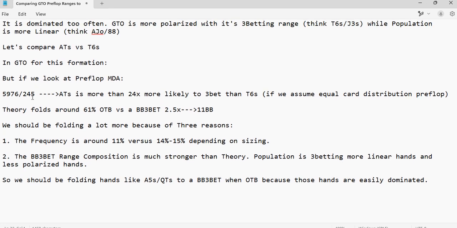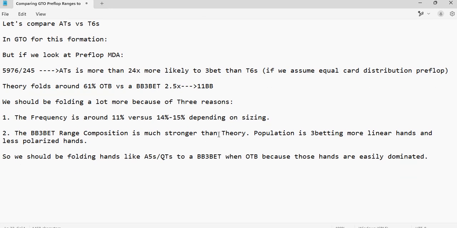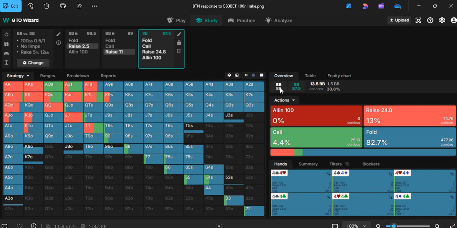In this calculation, I actually compared the two, and we see that Ace 10 suited is 25 times or 24 times more likely to 3-bet than 10-6 suited if we assume equal card distribution preflop. So, in conclusion, we want to fold the hands that are often dominated, like Ace 5 suited, like Queen 10 suited, and we need to understand that this is very different in practice than in theory.